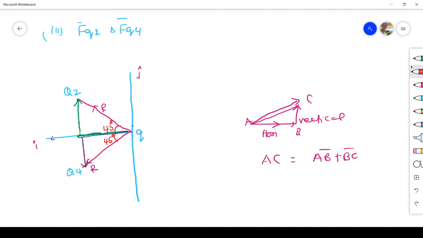Let us assume this is O, for example. This is A, this is B, this is C. Clear? Okay. Now what we have to do is take triangle BOA. Right, BOA, this triangle you take, right?